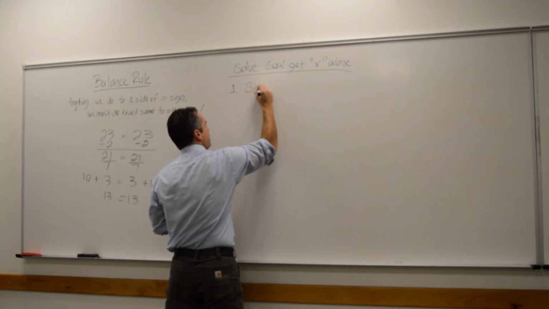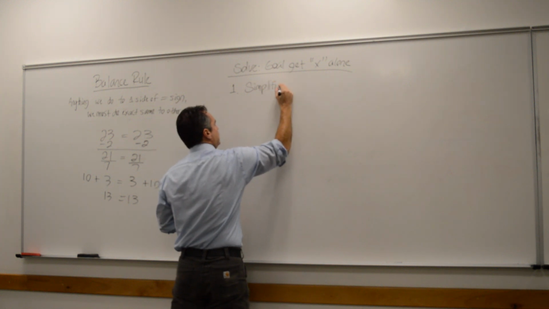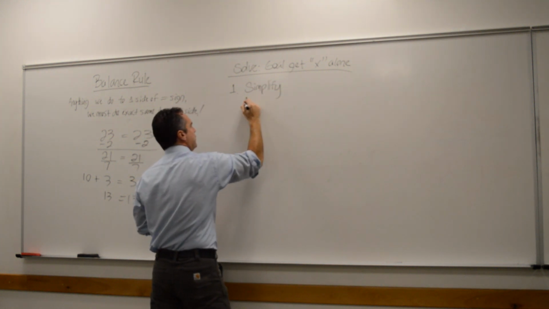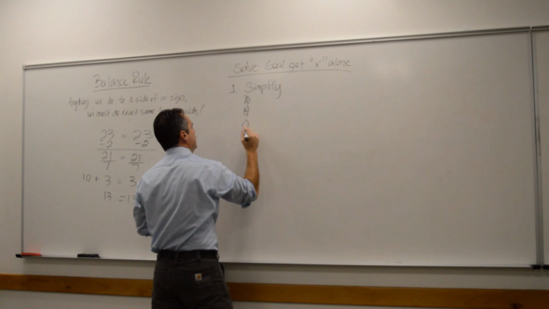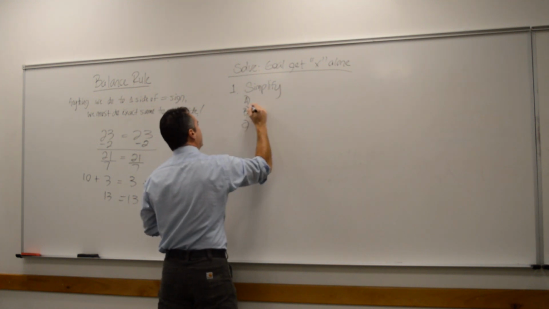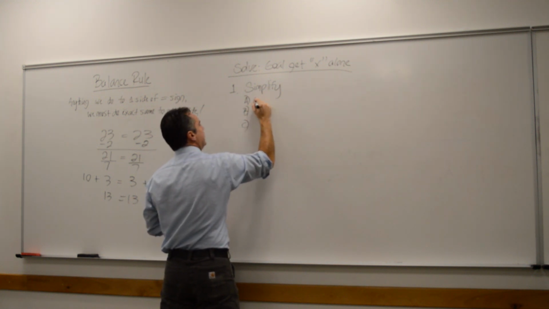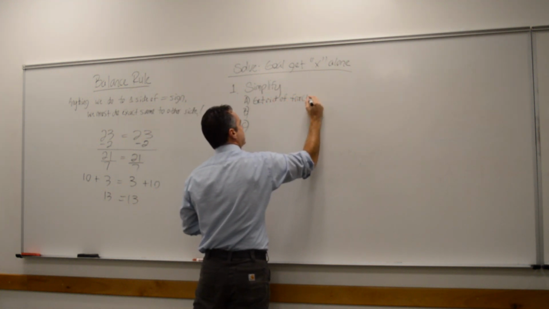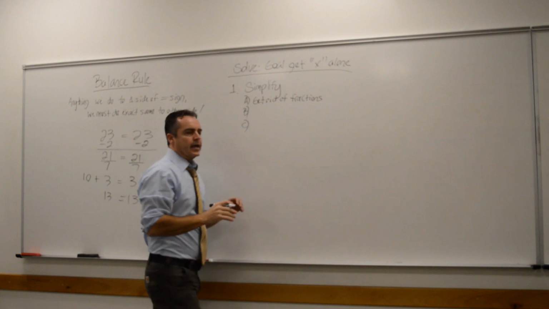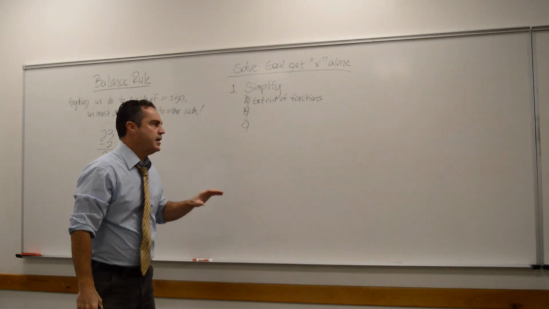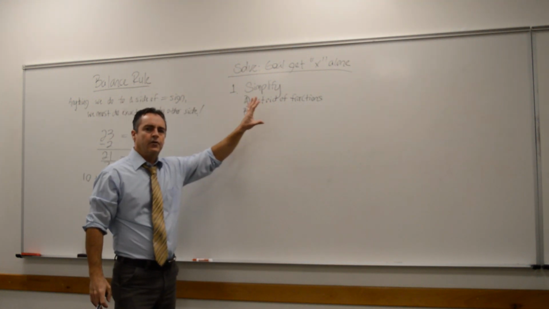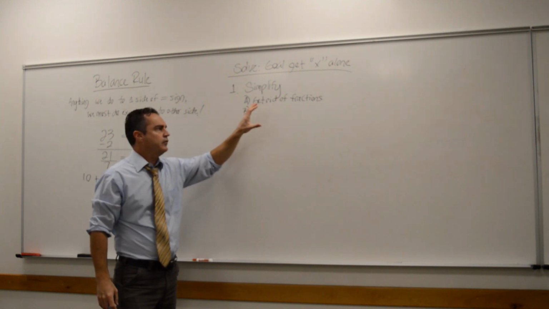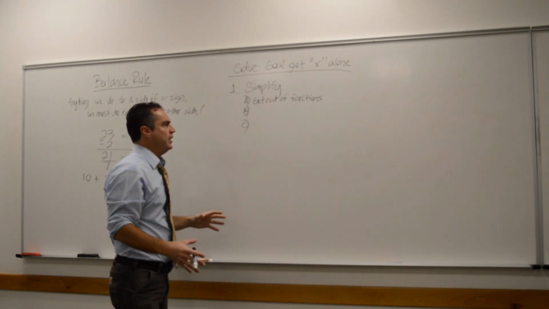So our first step is we have got to simplify the equation. There are 3 things we're going to do to simplify equations. The first is to get rid of fractions. Now I got to tell you guys, I'm putting some things on the board right now that we're not going to use until our next lecture in class. But I want you to see the whole process together.